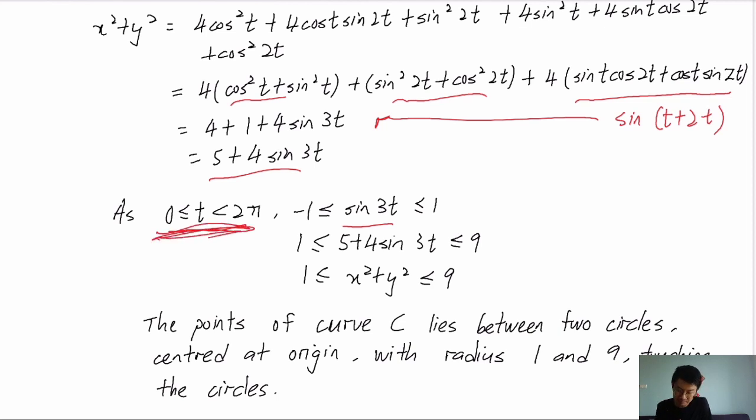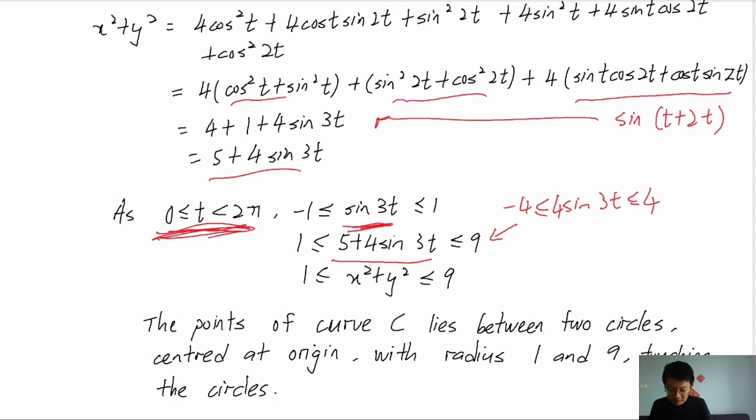So for sine 3t, we just have to make it in terms of 5 plus 4 sine 3t. We multiply by 4, then we get this relationship, and we just have to add 5 to all the terms. So our 5 plus 4 sine 3t is in between 1 and 9.